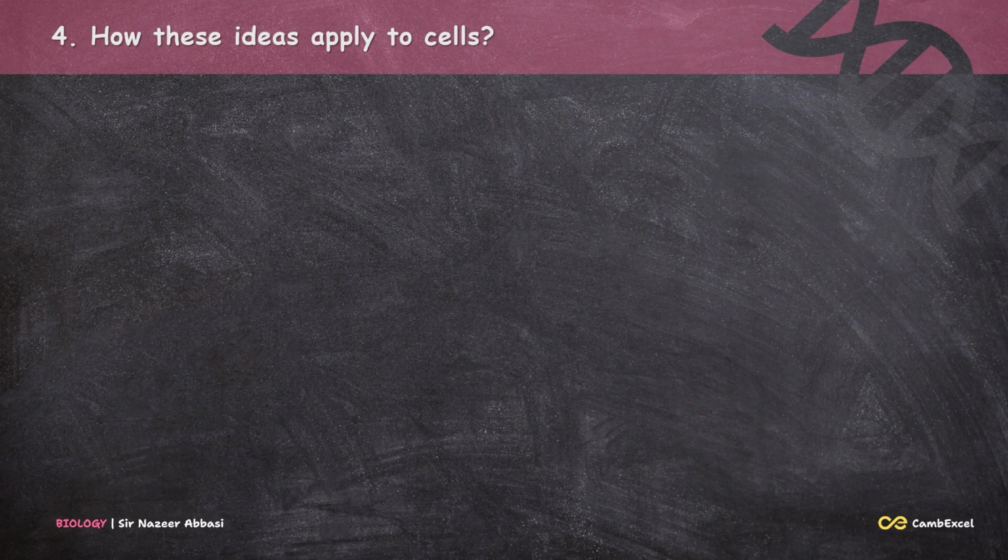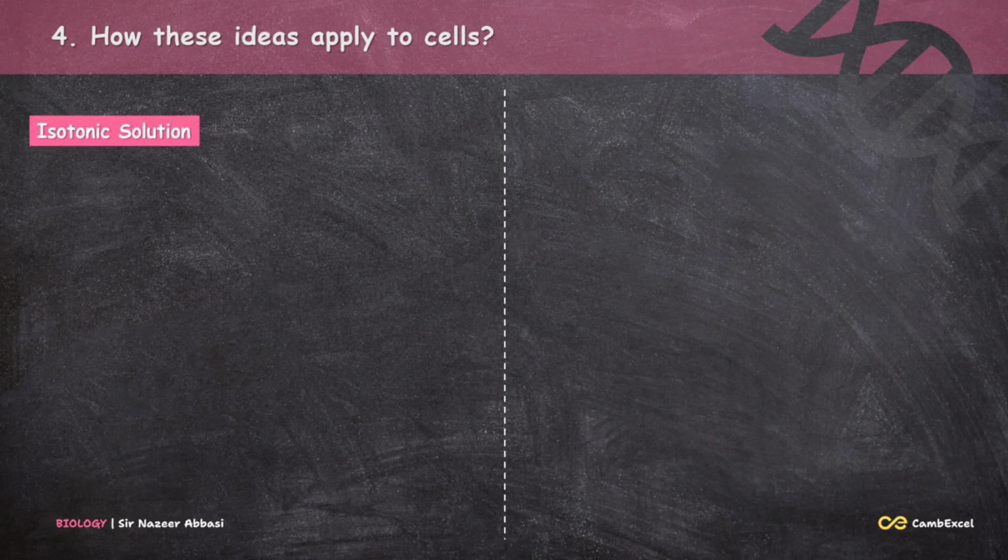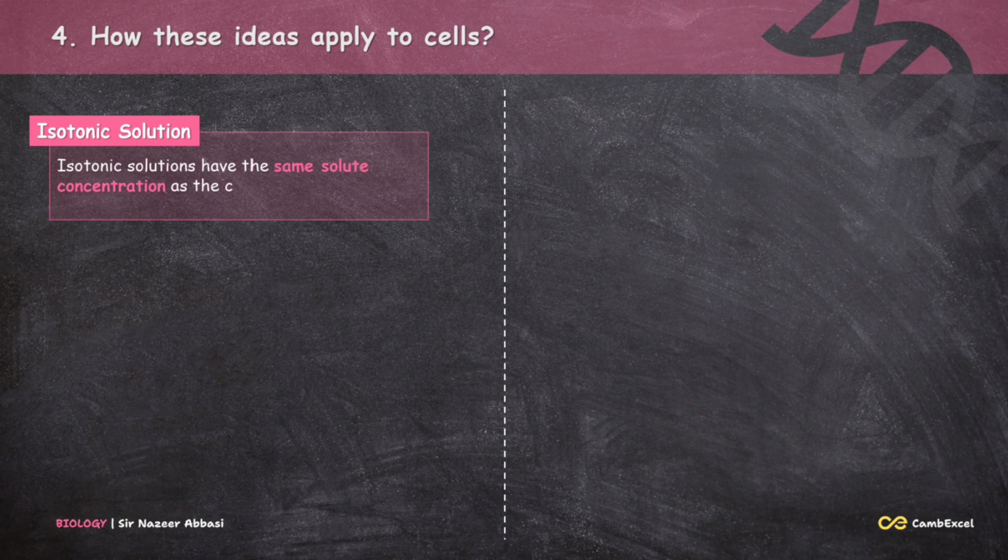Let's start with the isotonic solutions. The word iso means the same. So isotonic solutions are the solutions which have the same solute concentration as the cells, causing no net water movement. It means that the cell also has the same water potential as the external environment.